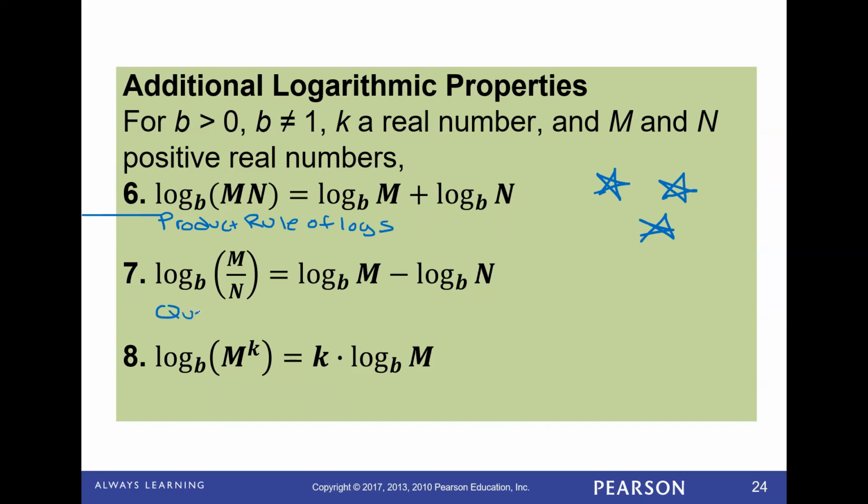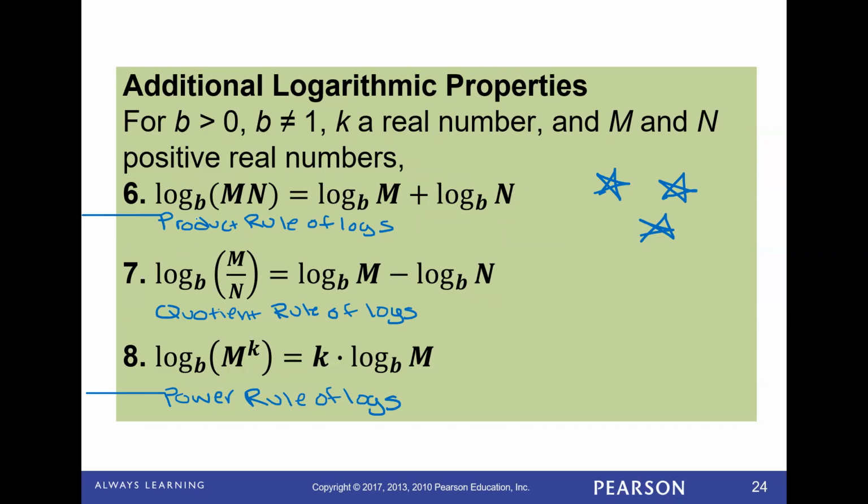This one is referred to as the quotient rule of logs. And this one is referred to as the power rule of logs. Okay. Again, super, super helpful to keep these in mind.